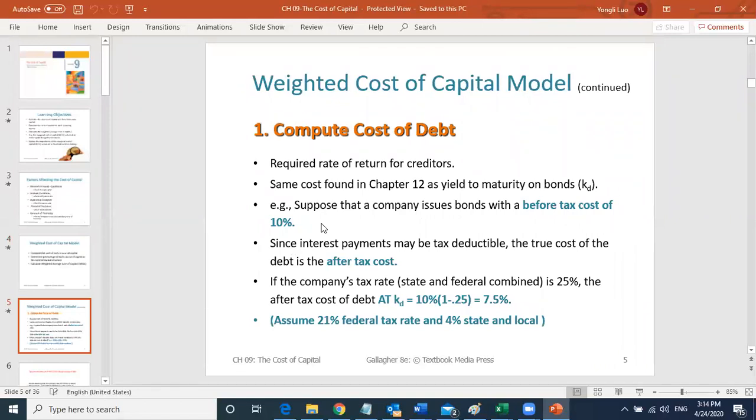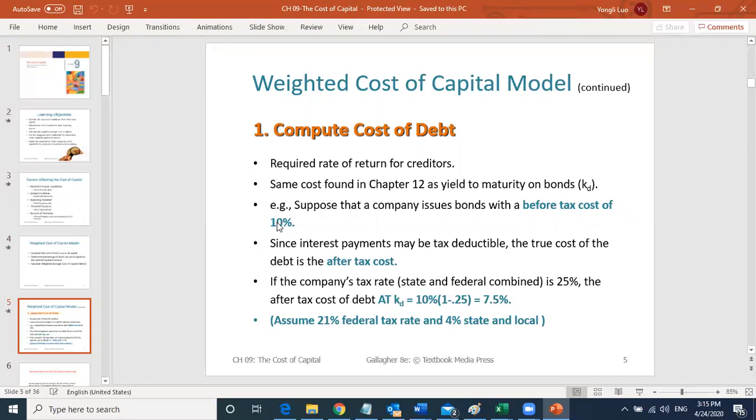First we want to compute the cost of debt. Remember, the before tax cost of debt is 10%. Let's say this is a company that borrows money or issues bonds, and that cost is 10%.